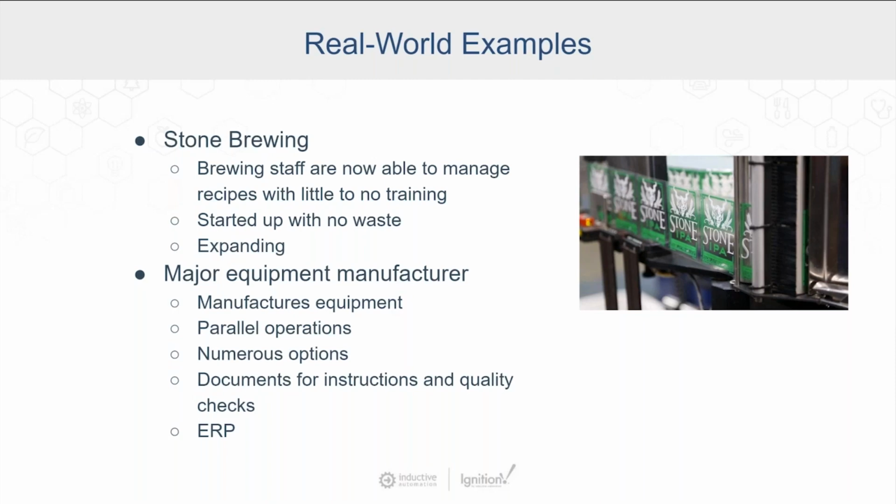The other one is, we can't name the name because of an NDA, but they manufacture equipment. And they have a lot of parallel operations where you start working on a base system and then you start in sub-assemblies, and then those are all going to come together on a main assembly line, and numerous options on this.